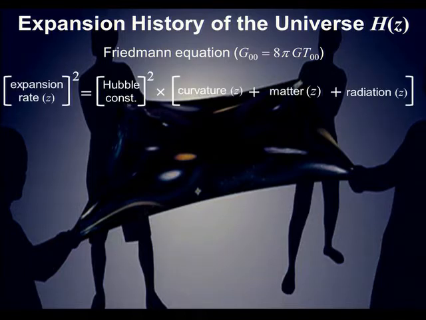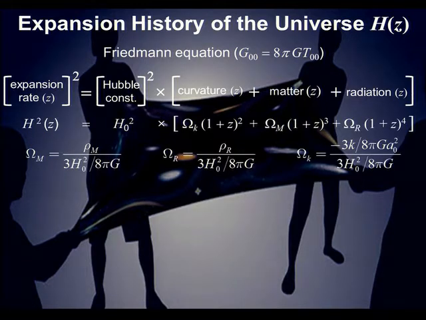And the equation giving the evolution of the expansion rate as a function of redshift can be written in terms of its present value, the Hubble constant, times terms which are proportional to the curvature, plus a matter term, plus a radiation term, plus any other term that contributes to the stress energy tensor.